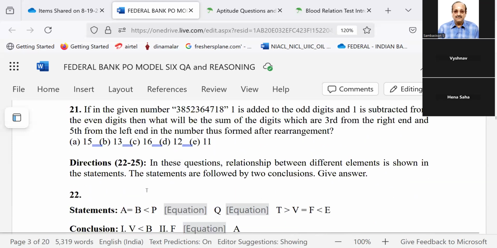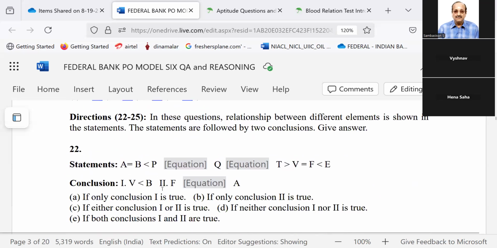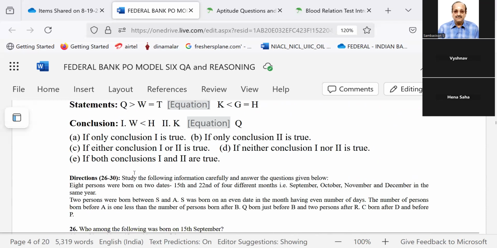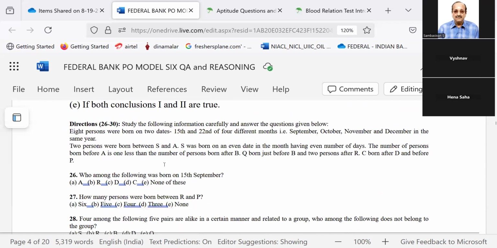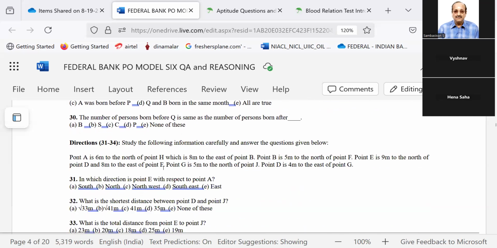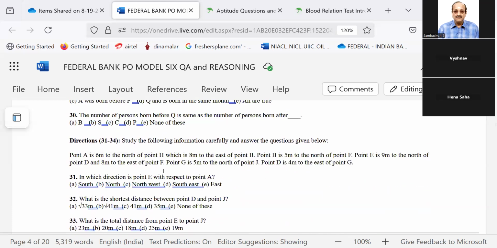Statement conclusion. Okay. Then again direction and statement conclusion. But nowadays I think it is not coming. Then again one puzzle only they will ask more. Then under puzzle itself, this is direction. Are you seeing it here?